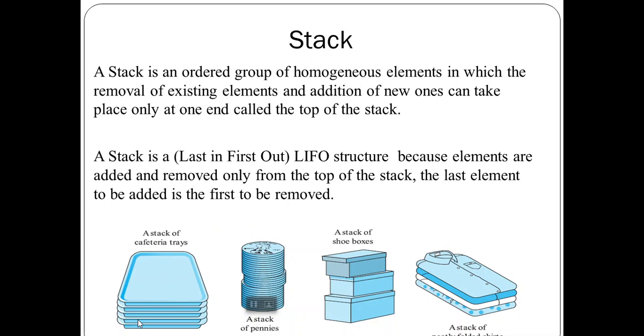If I want to add one more tray onto the stack, I should add it from the top, and if I want to remove it, I have to remove it from the top end itself. Getting the point?